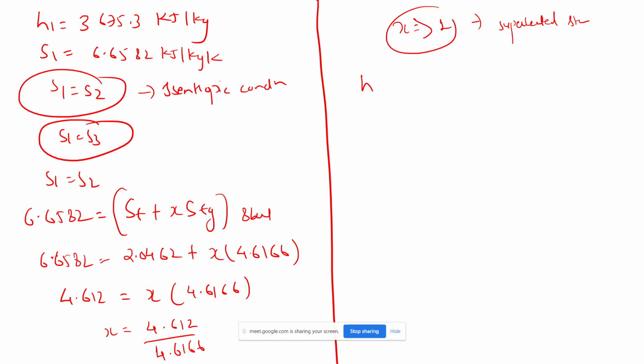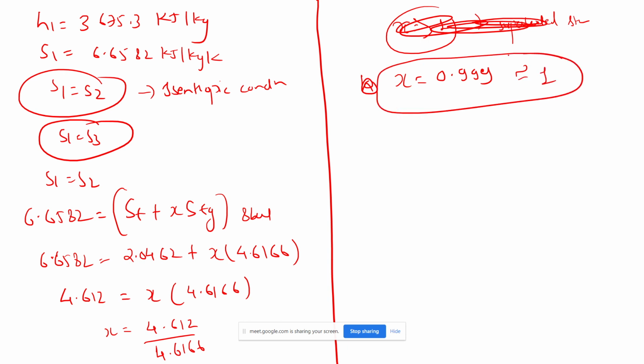Yes, sir. 6.6582 minus 2.0462, divided by 4.6166. Yes, it is, sorry. Can we approximate it? Yes, it is 0.999, so you can approximate it as equal to 1 only.